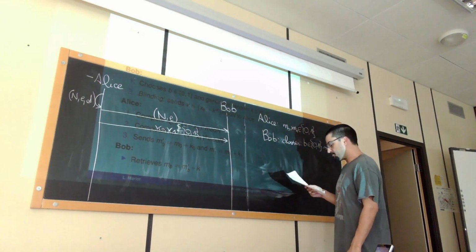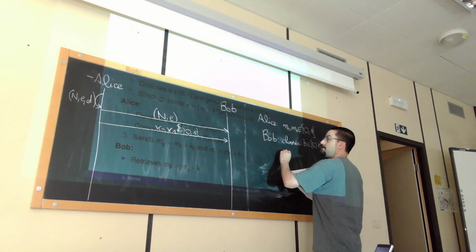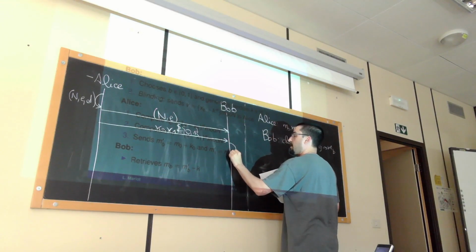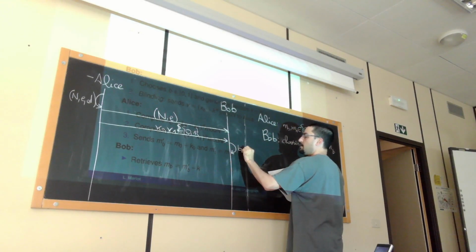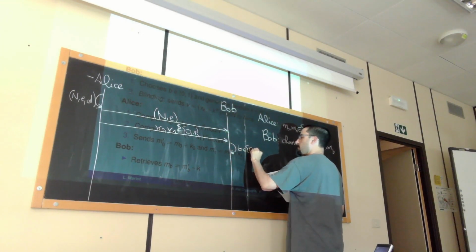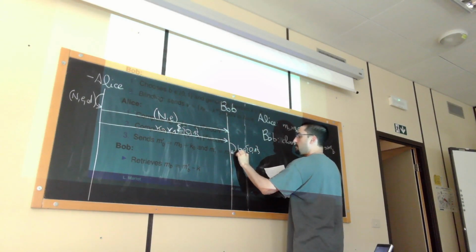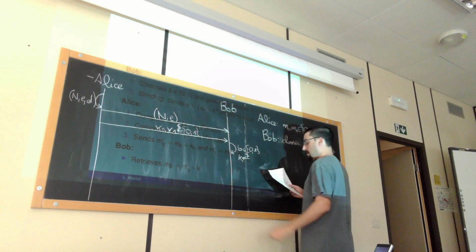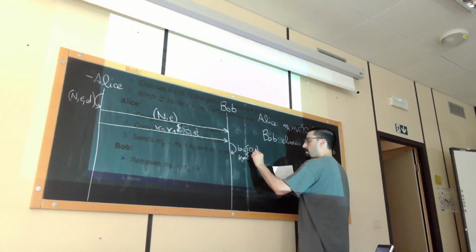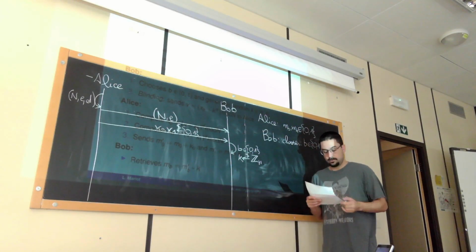Okay, now he also generates, so he will have his B here, and he also generates a random K, which is an element of Zn.